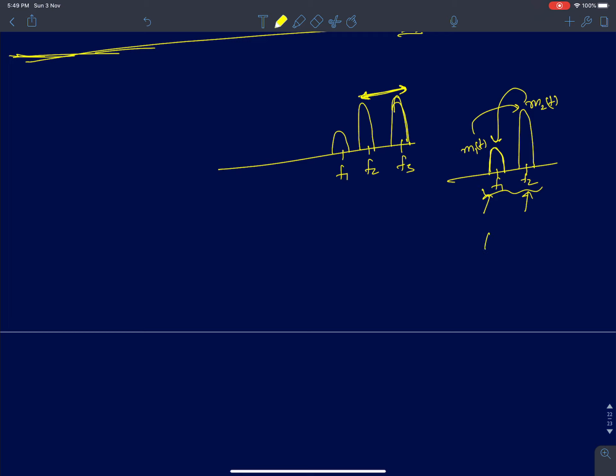And this happens especially in an amplitude modulated system. If I use amplitude modulation, this happens normally. If I use frequency modulation, this doesn't happen. So I think I'll solve one of the tutorial problems based on this, where we'll discuss this problem of cross modulation. So this phenomenon is called cross modulation.